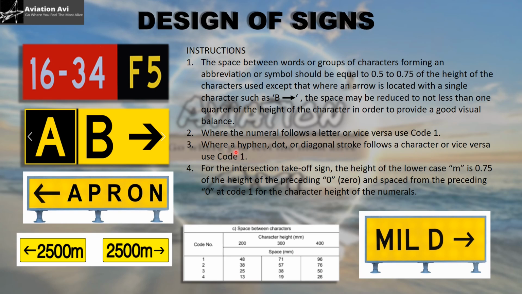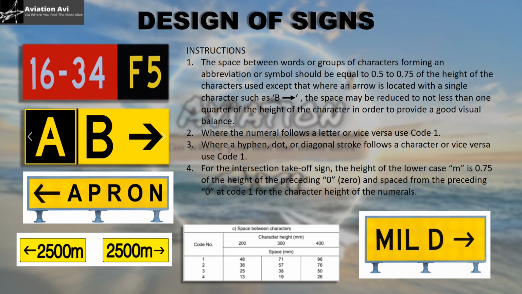Now, when a hyphen, dot or diagonal stroke follows a character or vice versa, again we use the code 1. For the intersection takeoff sign, the height of lowercase m, which represents meters, is 3/4 or 0.75 of the height of the preceding 0, and spaced from the preceding 0 at code 1 for the character height of the numeral.